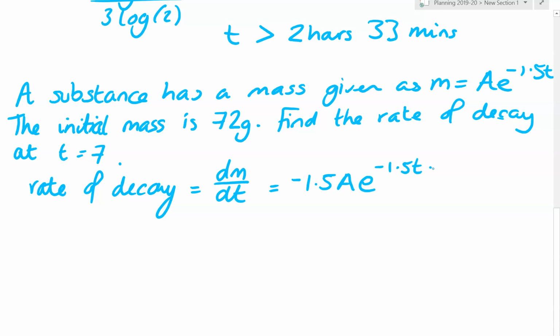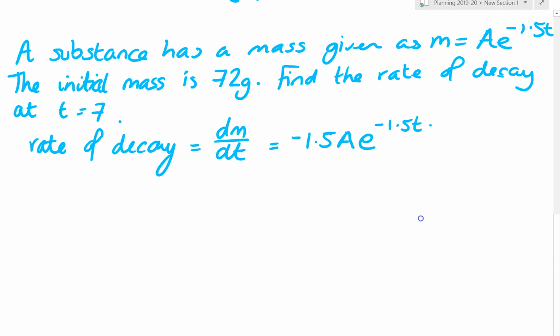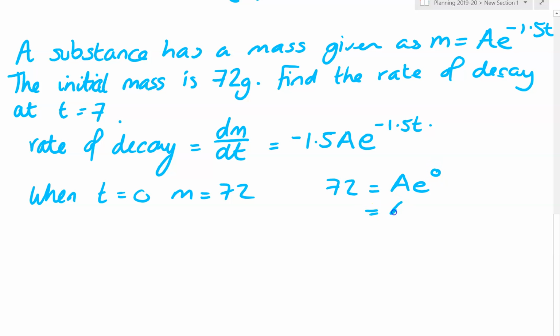So what do we know? We know that when t is 0, m is 72. This is going to help me find out what a is. So 72 is a e to the 0. Okay, so a is 72.